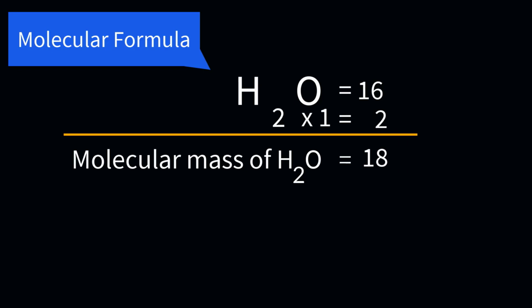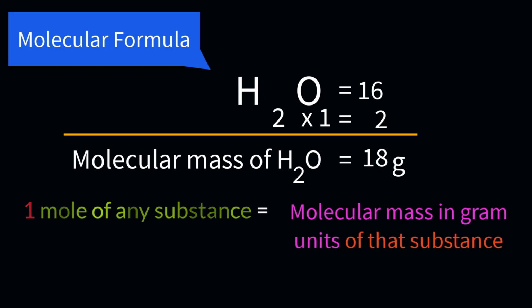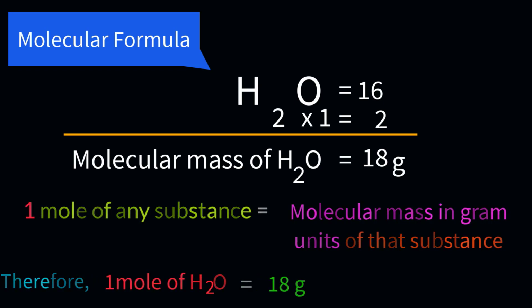Now we will express the molecular mass of H2O in gram units, that is 18 grams. We have already learned that 1 mole of any substance is equal to molecular mass in gram units of that substance. Therefore, 1 mole of H2O is equal to 18 grams.